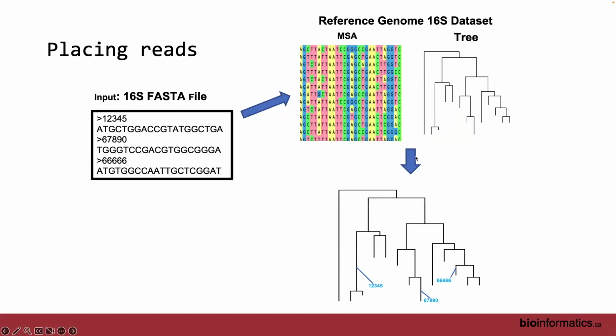This process is very similar to what you actually did today, where you placed your reads into the tree to get a phylogenetic tree for alpha and beta diversity measurements. And then within our phylogenetic tree, we now have our ASVs decorating this reference tree.